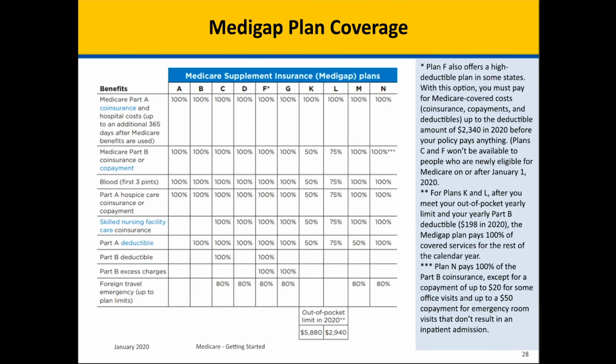All plans also pay the Part B coinsurance or copayment amounts. All plans pay for blood and Part A hospice coinsurance amounts. And you can just look at this chart and determine for yourself what they cover. Because of the various coverages among the Medigap plans, it's important to determine your needs and cover options when selecting a plan.